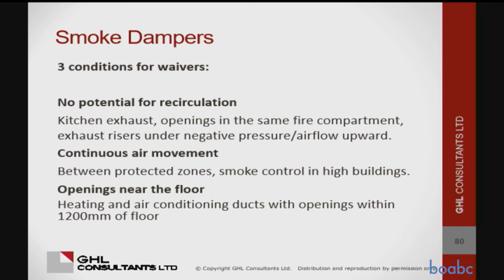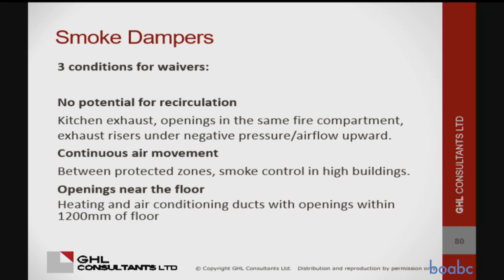Openings in the same fire compartment, because they're in the same fire compartment. The exhaust risers where the airflow is upward. Or where the air handling system doesn't shut down, right? So between these protected zones, for whatever reason, if the system doesn't shut off, and smoke control systems in high buildings.